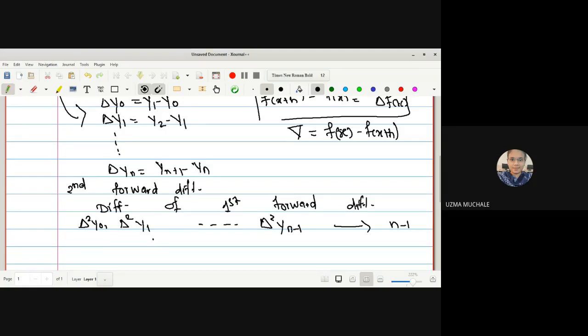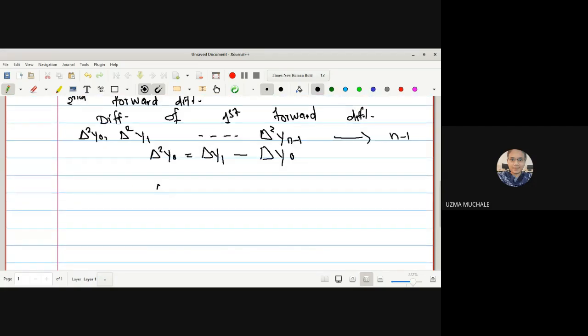Let us see now how to find delta square y0. What is the second forward difference? It is the difference of first forward differences, which means delta y1 minus delta y0, right?